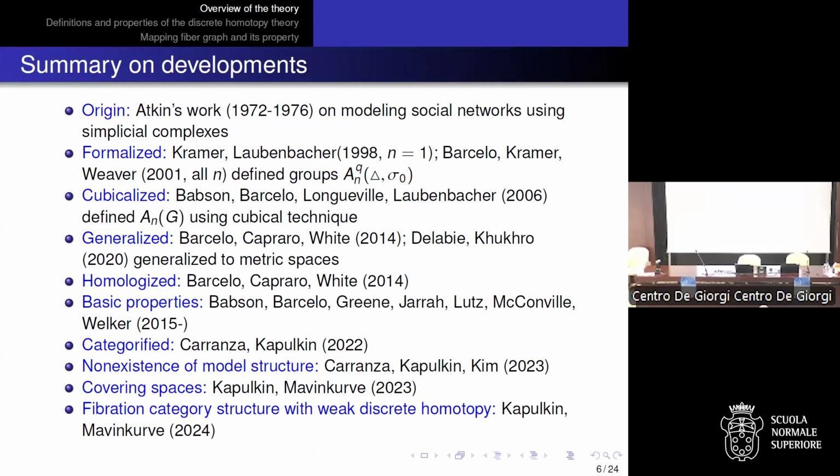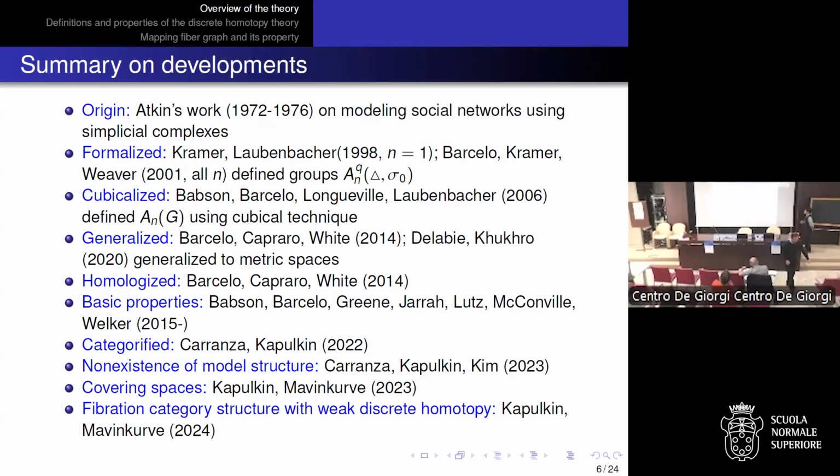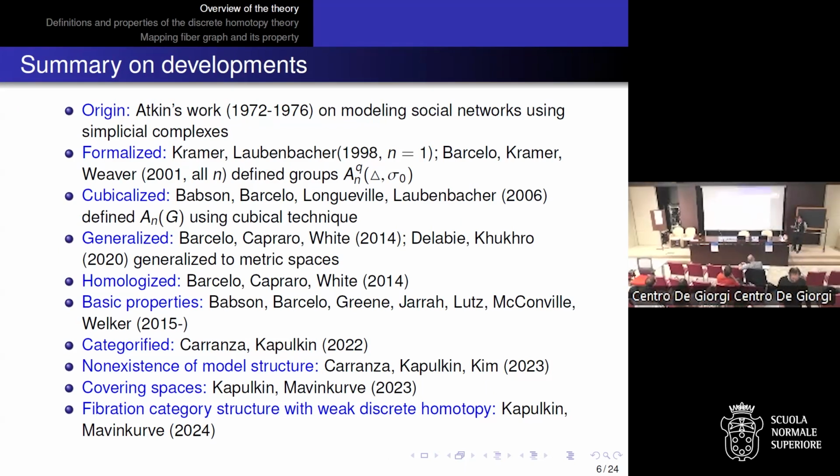They defined the homotopy groups of simplicial complexes. Then the construction was cubicalized by Babson, Barcelo, et al., and using a cubical technique, they defined the homotopy groups of graphs. Then the theory was generalized to metric spaces.